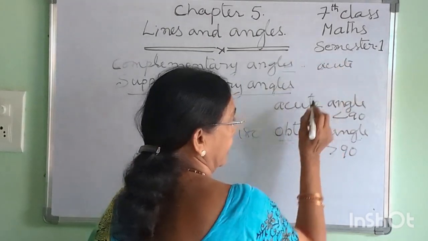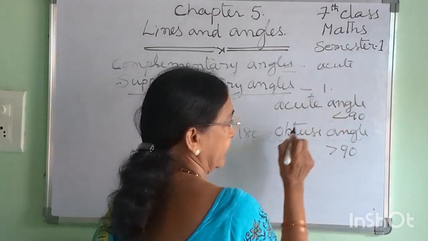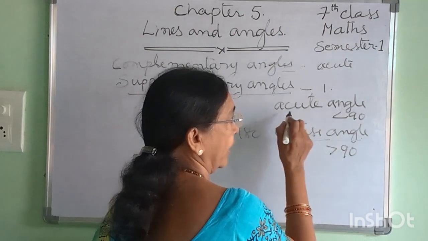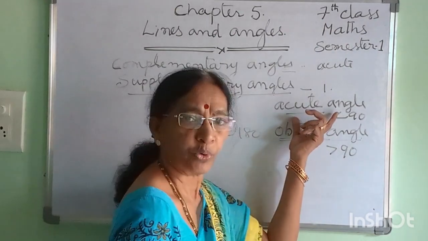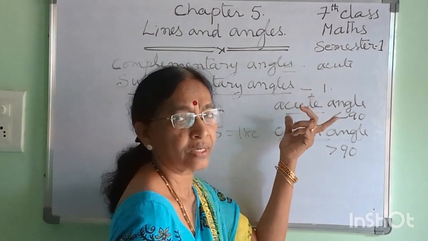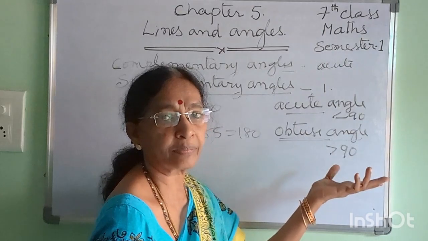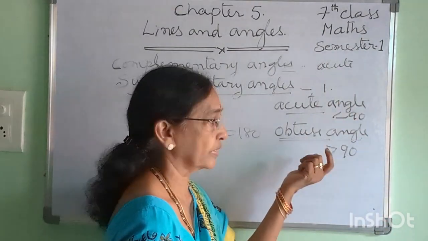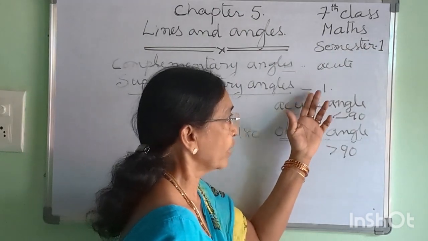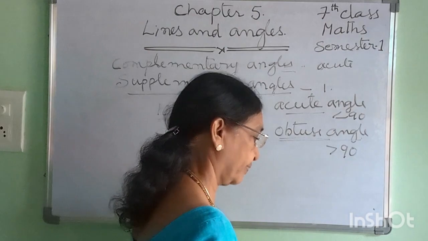In supplementary angles, one angle can be obtuse and one acute. We cannot find both acute angles, because if both are less than 90 degrees, the sum will be less than 180 degrees. So we have one obtuse angle and one acute angle.